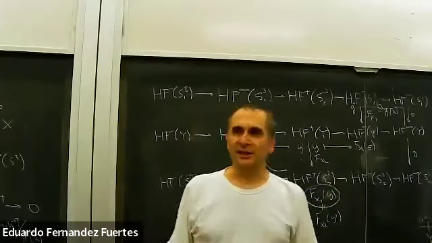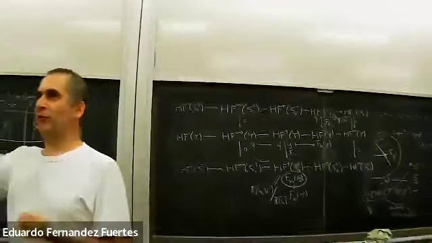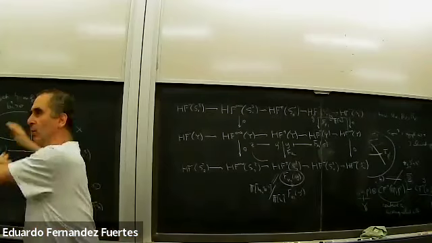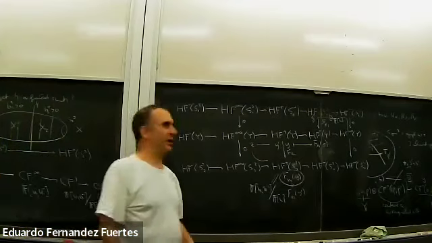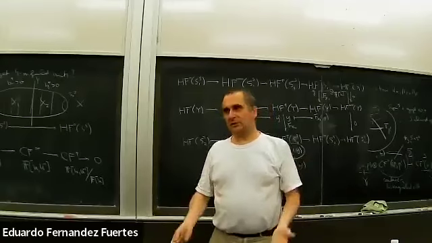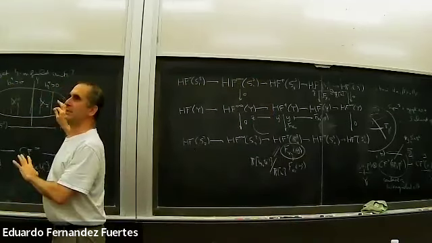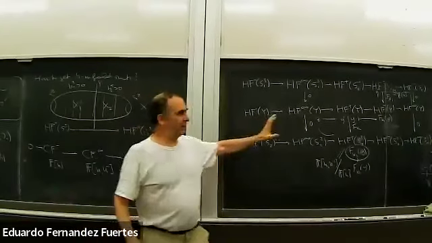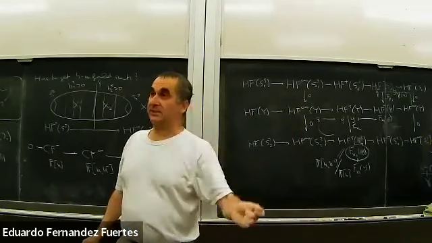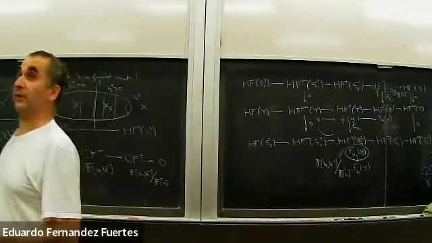And of course, if you do everything mod 2, you don't get very exciting information. You can say that it's 0 or 1, but when you run the whole business over the integers, then you get an integer. And I didn't say that, but in fact, you should do everything in the spin C refined category, and then you get an integer associated to a spin C structure, exactly like in the Seiberg-Witten case.